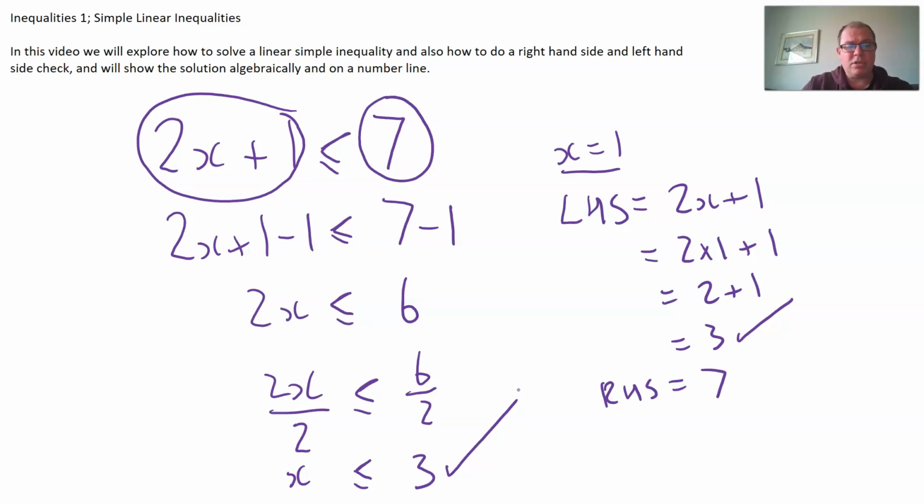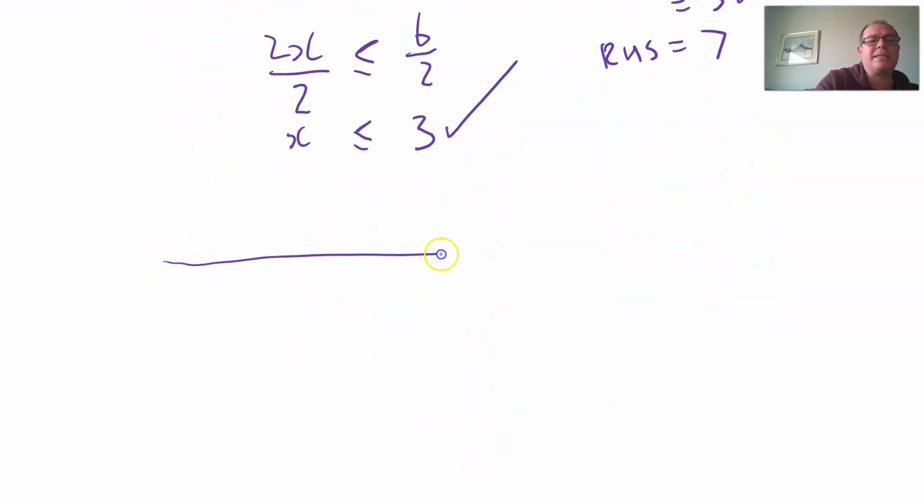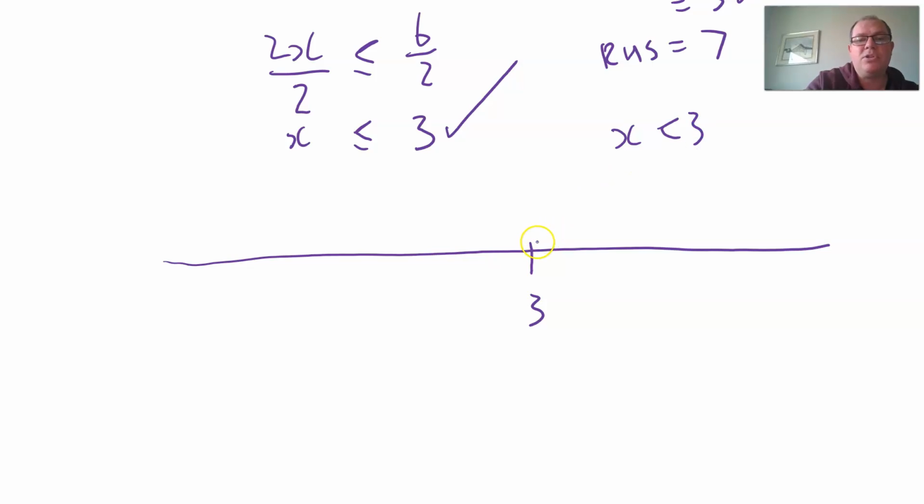Now let me show you how to do this on a number line. So if I make a number line and I want to represent x is less than or equal to 3, the only real number I need to mark is the 3. And I want everything less than or equal to 3. Now if I had x is less than 3, I would do a hollow circle to show that I'm not including the point 3.